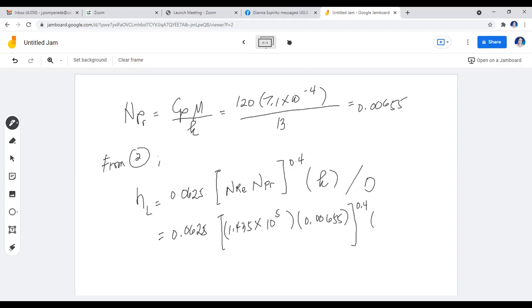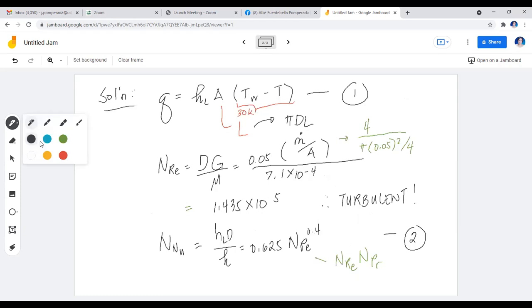Then k is 13, and we divide this entire product by 0.05. Now it gives you hL, the heat transfer coefficient, which is 2,512 watt per square meter per Kelvin. This is the hL that we need in our equation 1.